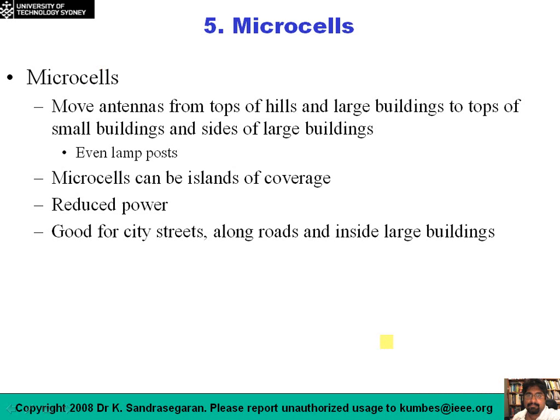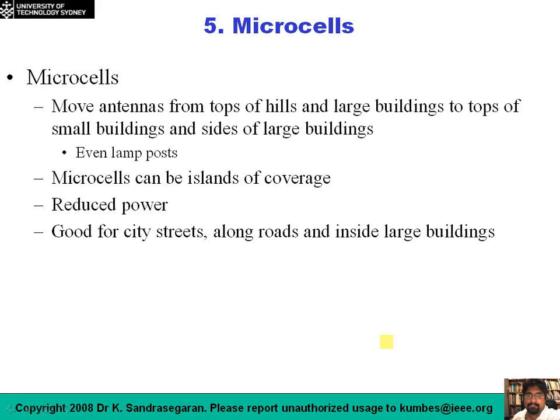The 5th way that you can improve the capacity is to use something called microcells. So you have 2 layers of cells. You have macrocells that provide coverage for larger areas, and you have microcells usually located much lower in height.